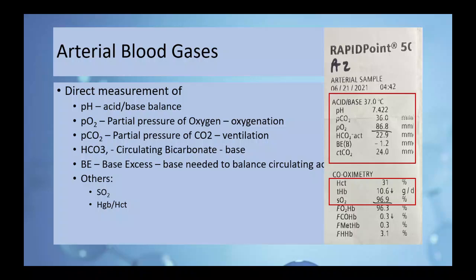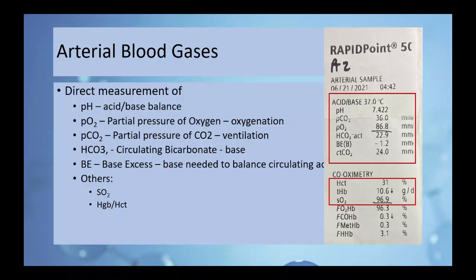Some other items that are going to be on the blood gas that will be important to know are, of course, hematocrit and hemoglobin, because that tells us how much oxygen carrying capacity the patient has. And then oxygen saturation tells us how well we're doing with this PO2 actually getting it onto this hemoglobin. So these are important values to be aware of on a blood gas.